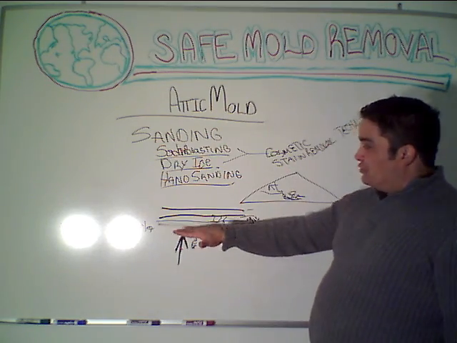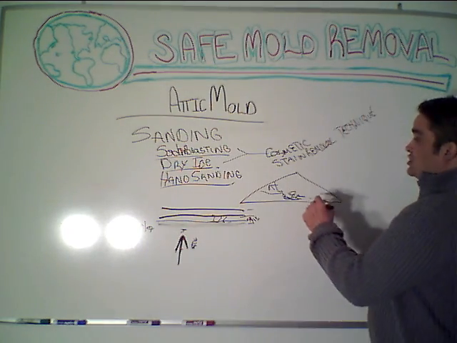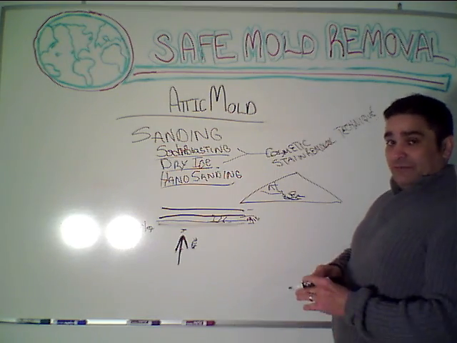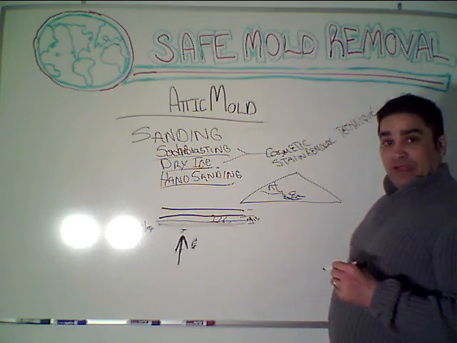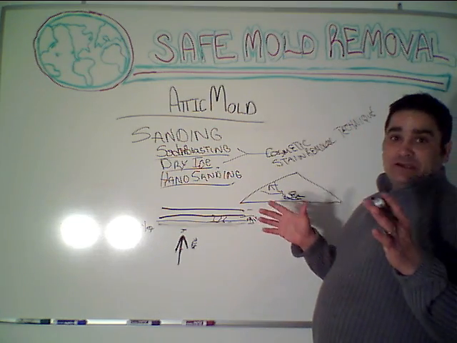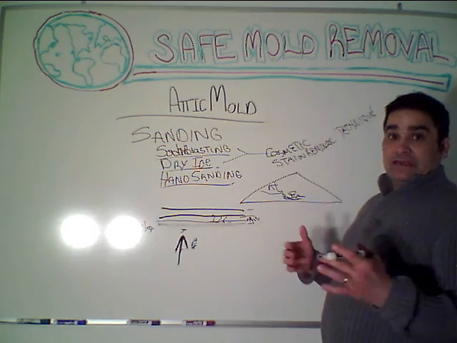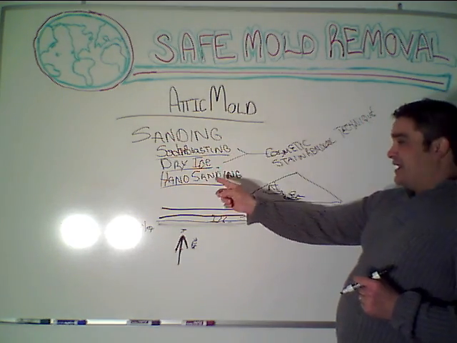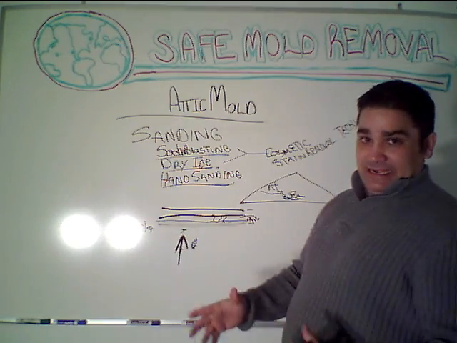Now, could you use soda blasting or dry ice in conjunction with a secondary methodology to solve a mold problem? Well, yeah, you could. And in fact, we do use soda blasting as an all green or non-toxic stain removal technique. But we're talking about sanding, soda blasting, dry ice, or hand sanding being used as a mold remediation technique.